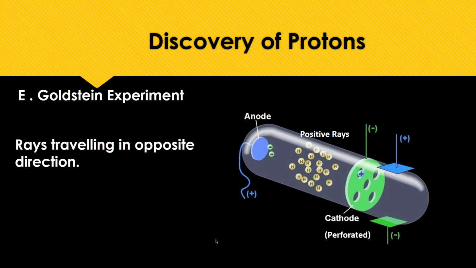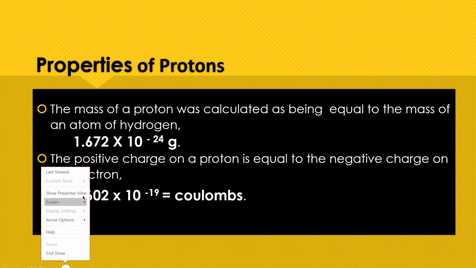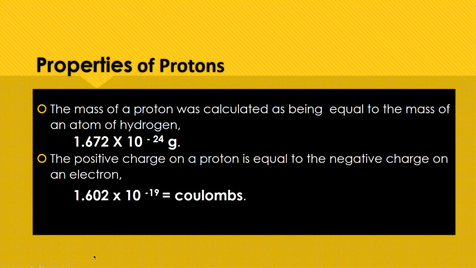Next comes the properties of protons. The mass of a proton was calculated as being equal to the mass of an atom of hydrogen, that is 1.672 × 10^-24 grams.